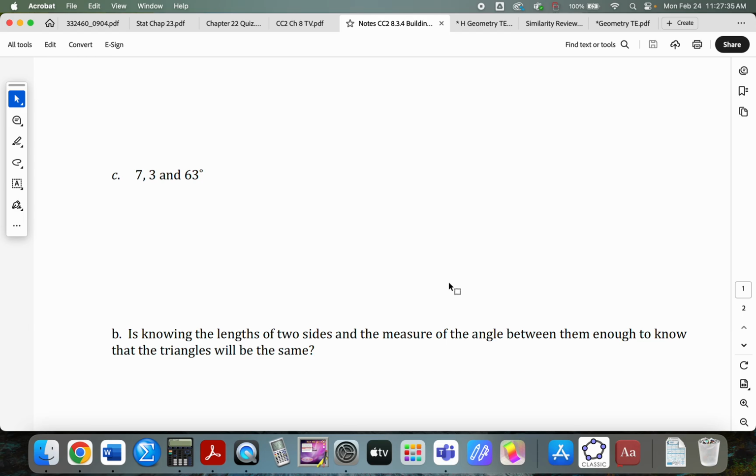And answer the question. Yeah, put the angle measures also. Because if the angle measures aren't the same, then your triangle and my triangle aren't exactly the same.